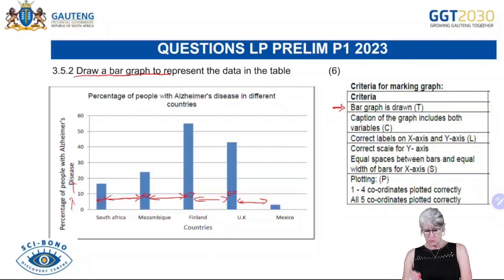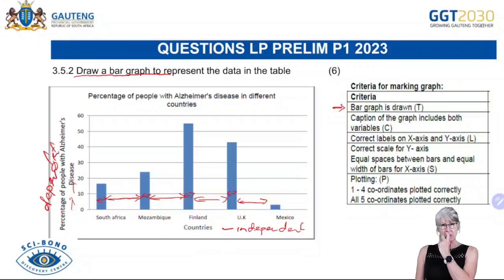So you can even put in your heading or your caption afterwards once you've drawn your graph, because then you know which variable is on which axis. And remember, the one on the x-axis is going to be the independent variable, and the one on the y-axis is going to be the dependent. All right, so I need to include both of those in my heading, my caption.